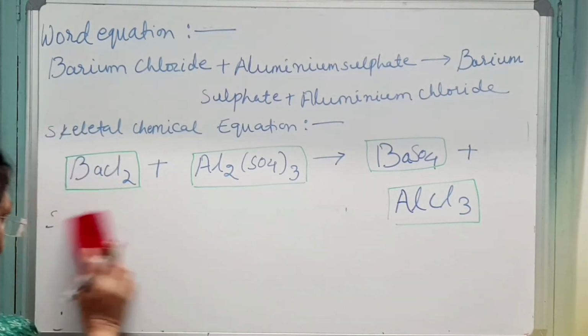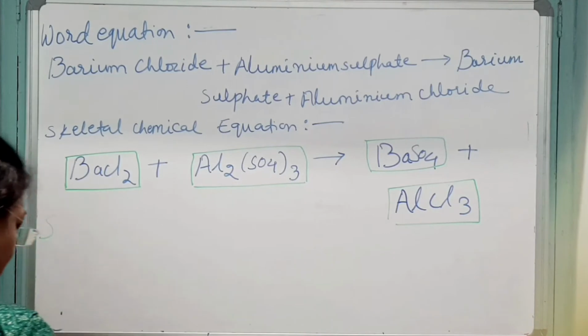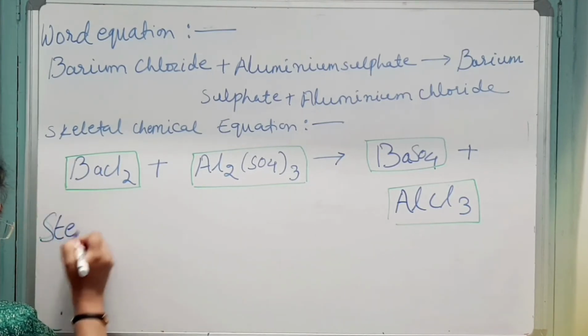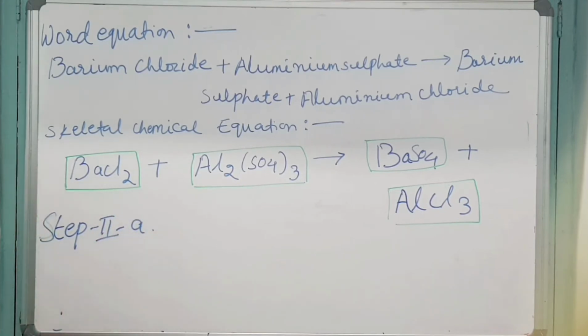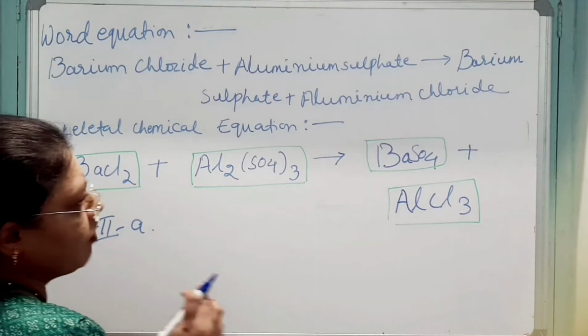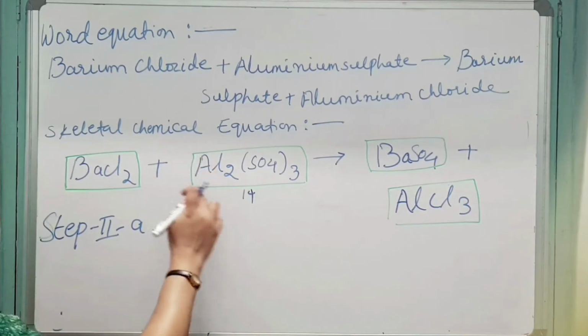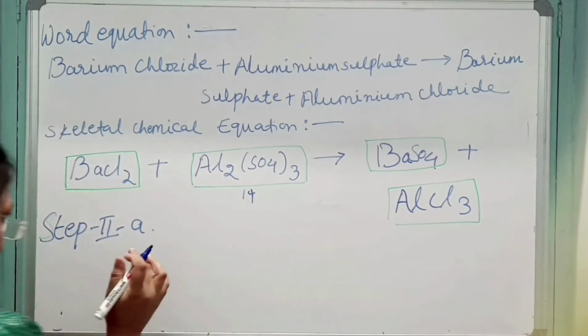Now step 2. In step 2A, you have to see which compound has the maximum number of atoms. Aluminium sulfate has the maximum number of atoms.